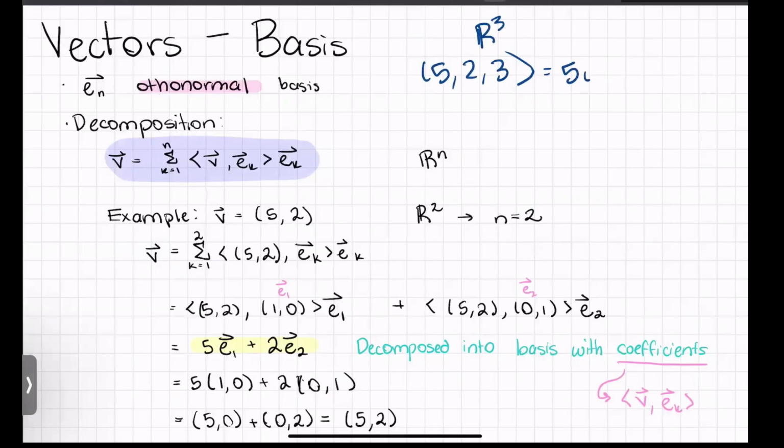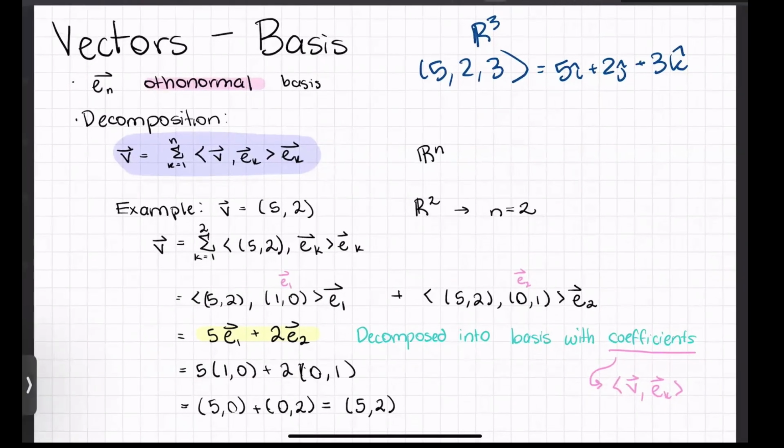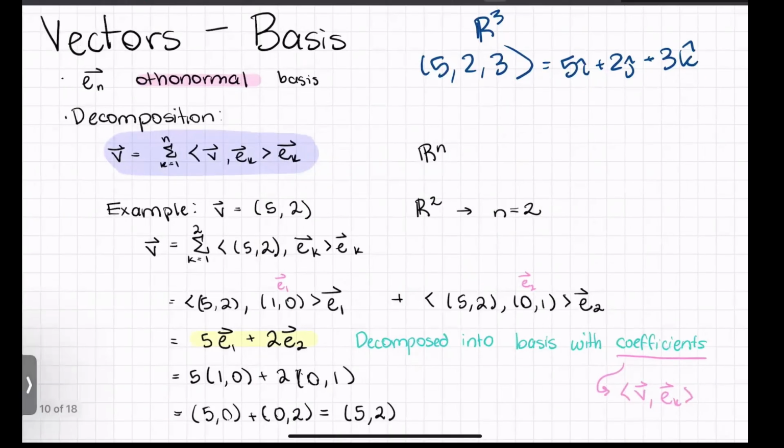So we have 5i plus 2j plus 3k, and so on. What is the mathematical notation of that? How can we mathematically represent that? This is what this function is telling us. This function gets us from 5, 2, 3 into its building blocks.